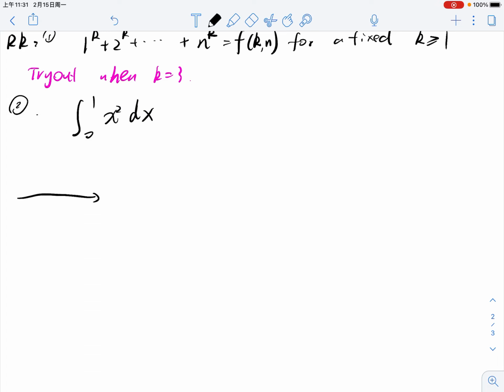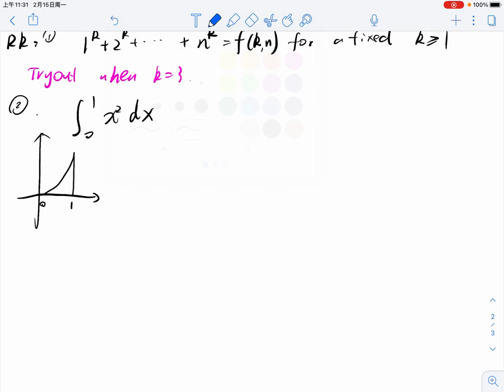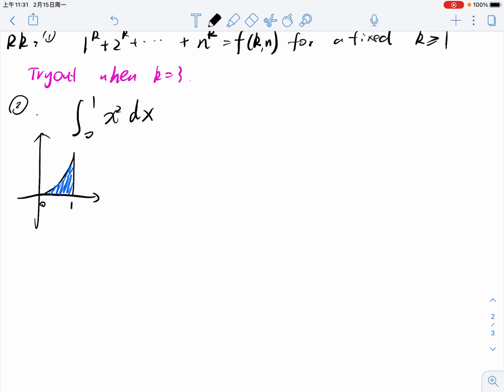In other words, they knew how to calculate the area of the shaded region underneath the parabola. So how did they do that? The only thing they could do is just like what we learned in calculus.